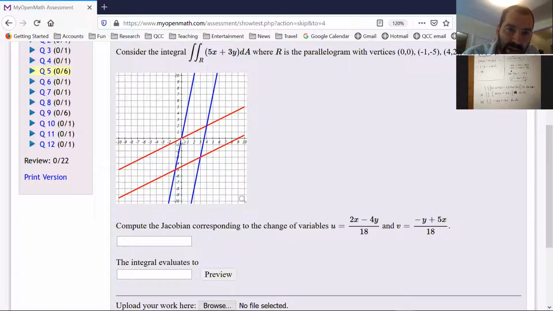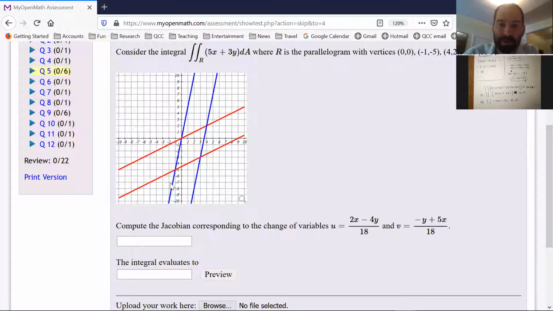It has slope 5 and y-intercept 0, so it's the line y equals 5x. So y minus 5x equals 0. If you look at the equations for u and v, that makes v equal to 0. So this blue line on the left is just v equals 0.